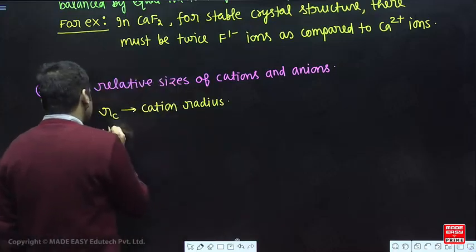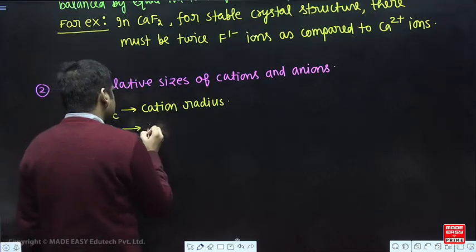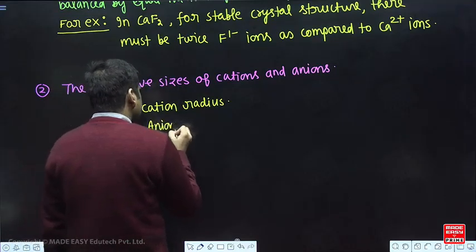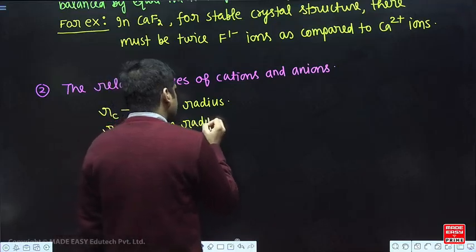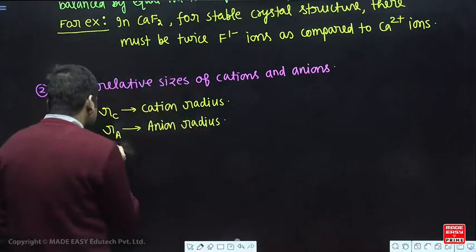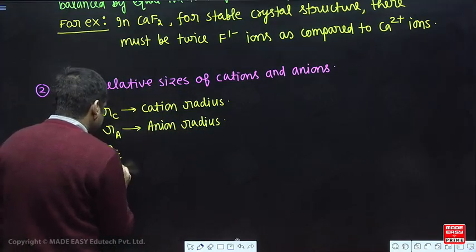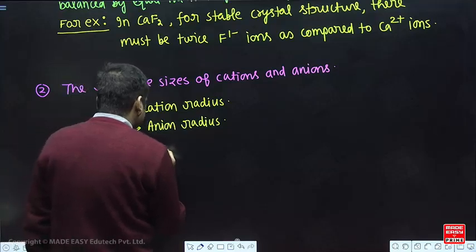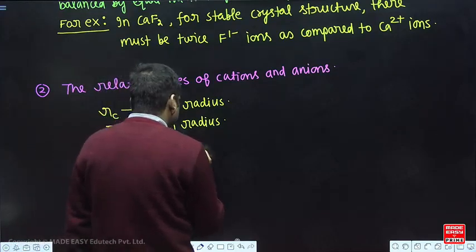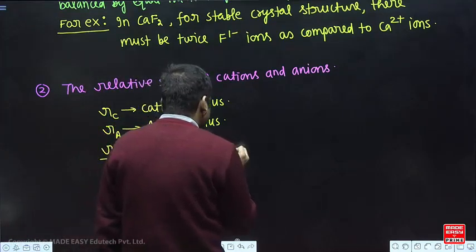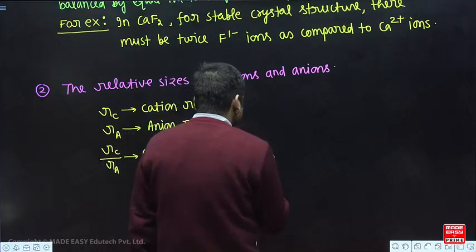Ra is the anion radius. Rc upon Ra is the cation to anion radius ratio, the cation anion radius ratio, the radius ratio.